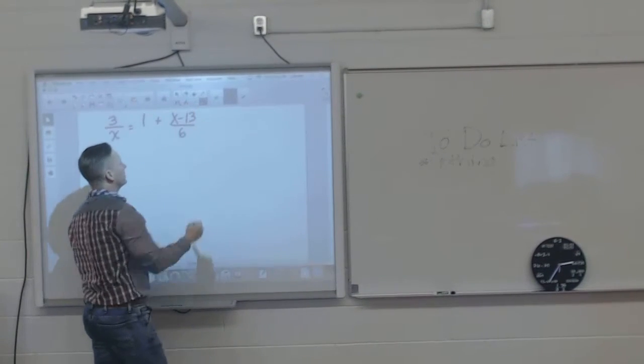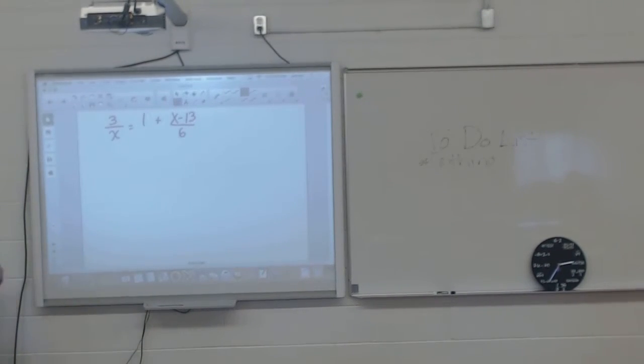All right, so algebraically, you'll probably have forgotten this from last year, so I'm going to go through it. I have a polynomial expression. It's all factored and everything. I need to get rid of the denominator. So what's the common denominator here? 6x. So I'm going to times everything by 6x.